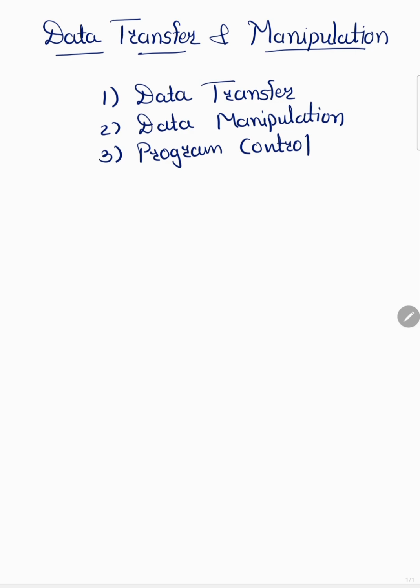So if we talk about the data transfer instruction first, right? Data transfer instructions are nothing but those kind of instruction where we need to move data from one place to another place without changing the data content, right? So suppose this is source and this is destination, right?